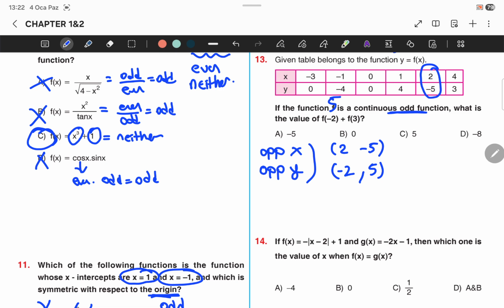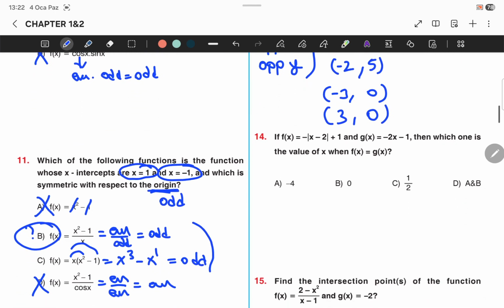Look, which is 5. Okay? Then 3. When you look at the table, negative 3 goes to 0. Positive 3 should go to what, guys? Again 0. So for 3, what will be my answer? 0. Add them up. 5 plus 0, it is 5.